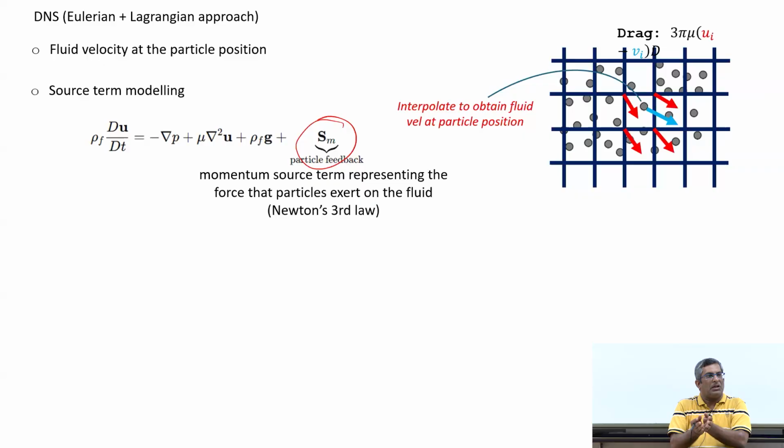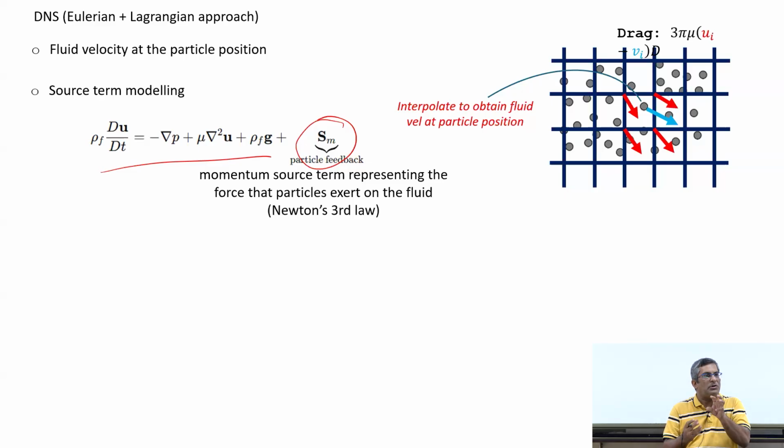You basically solve the mean flow. So now the question is, if I simply do this to the mean flow, will it make sense? I hope it is clear. Here we can add the source term and account for it based on the number of particles we have in a grid. But in case of RANS-based modeling, we have the mean flow, and these equations are written for the mean parameters.